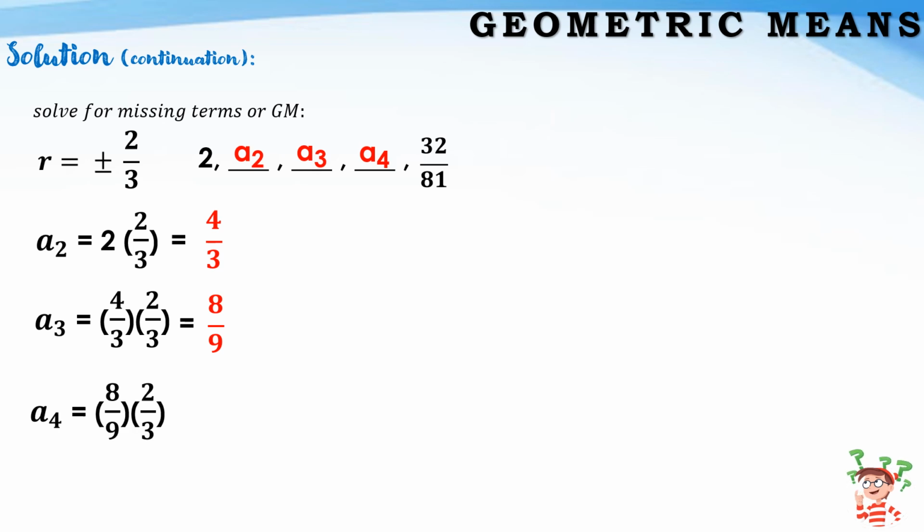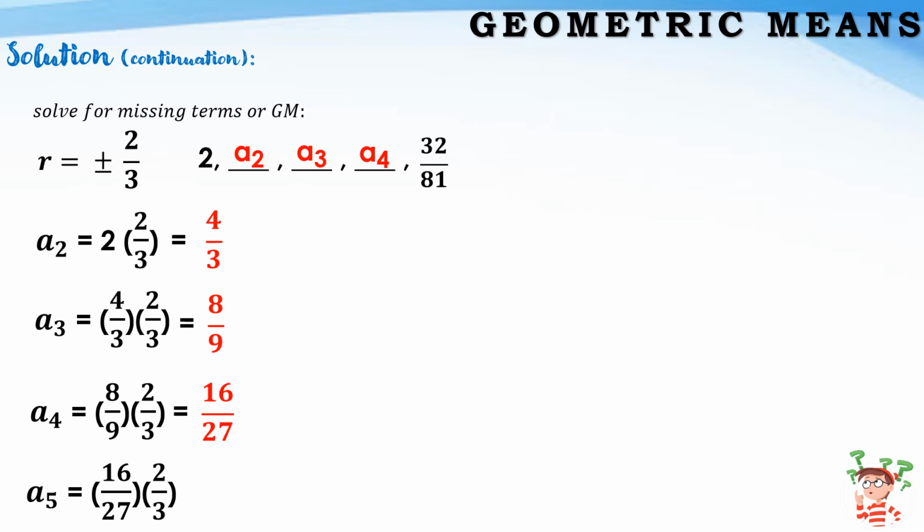And then, our a sub 4, that is a sub 3 times the ratio, that is 8/9 times 2/3. So, that is equal to 16/27. And try natin yung a sub 5. So, ang ating a sub 5 dito sa given natin ay 32/81. Let us check kung tama nga yung ating a sub 5 using a sub 4 times r.